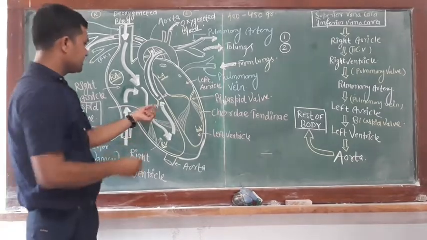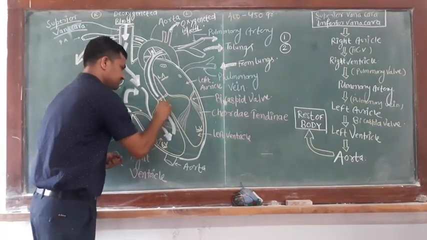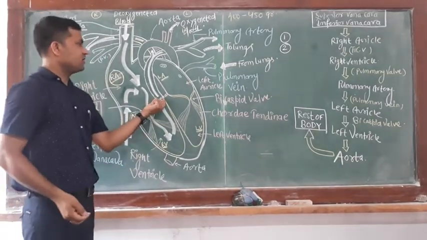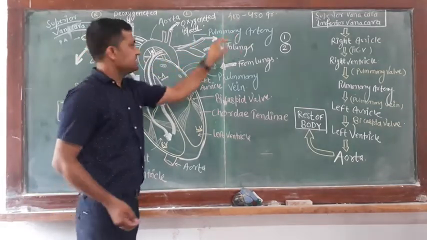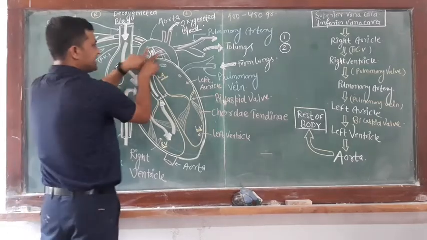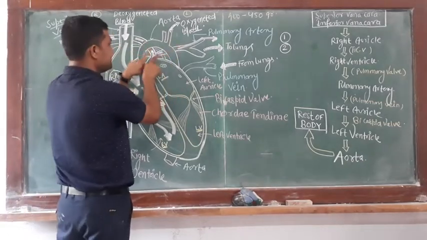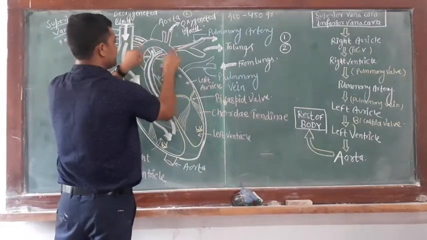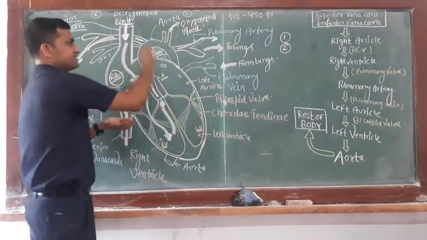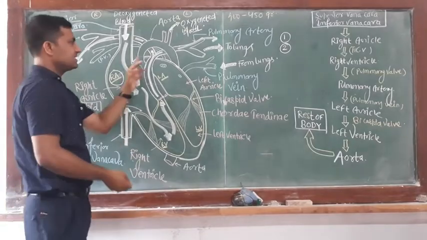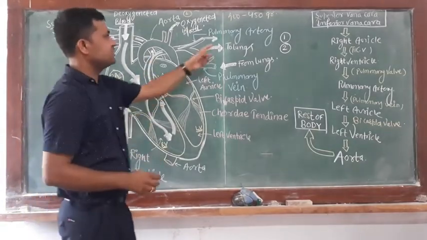With the help of the pulmonary valve, it goes into the pulmonary artery. The pulmonary artery has a bifurcation, left side and right side.